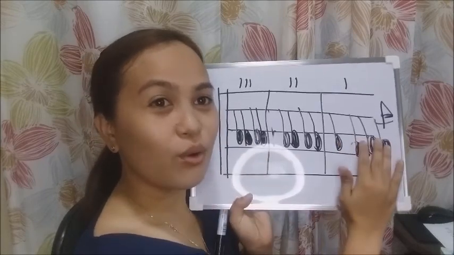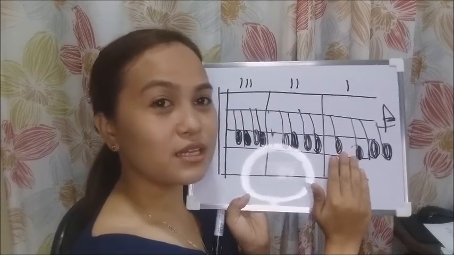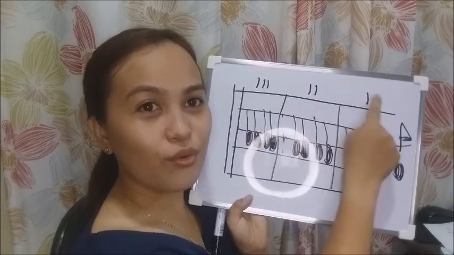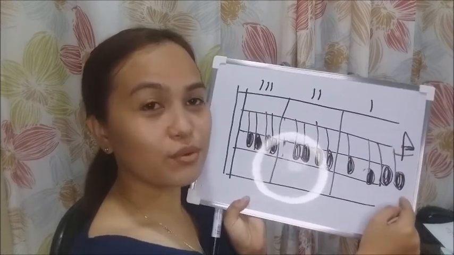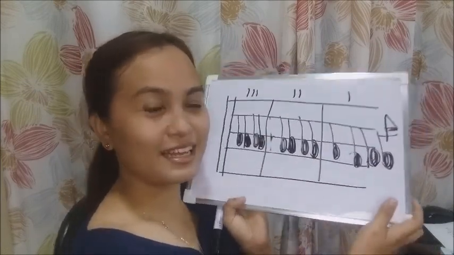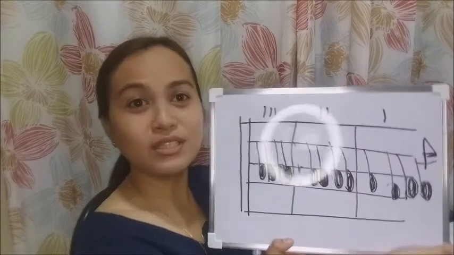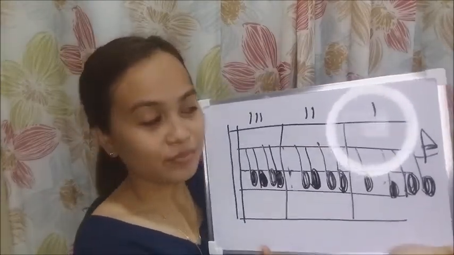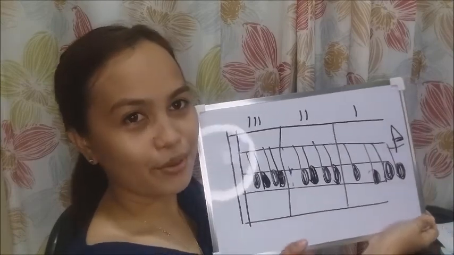So we can know the meter that is being used through its measure. In measure 1, there are 4, so we can know that it is quadruple meter. Okay, do you understand? I hope so, but I will give more examples.